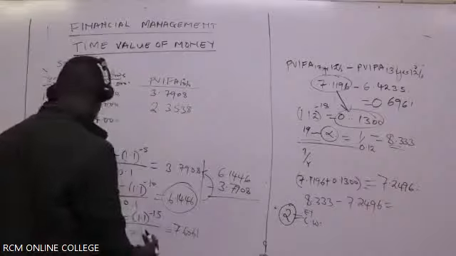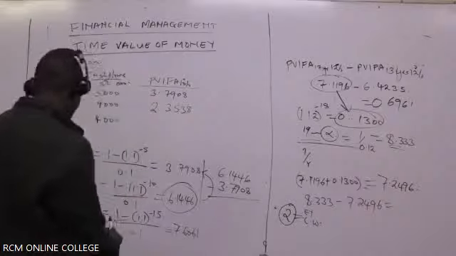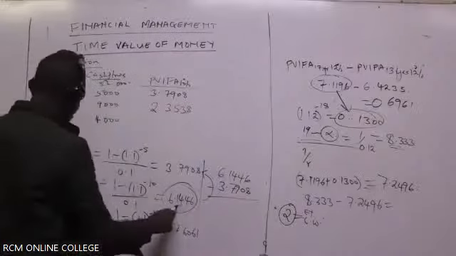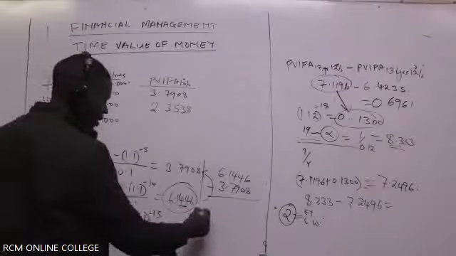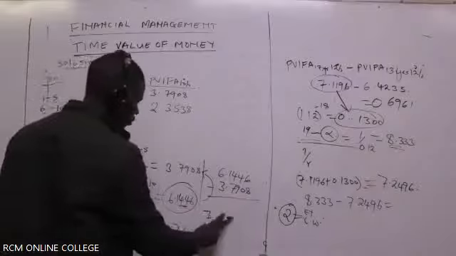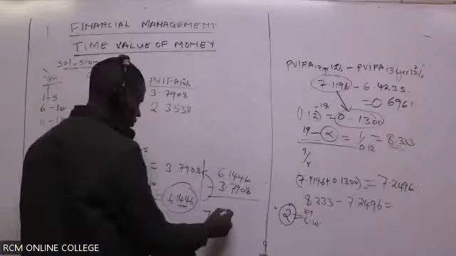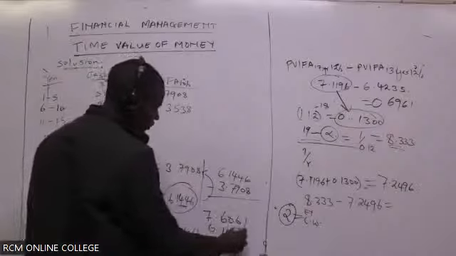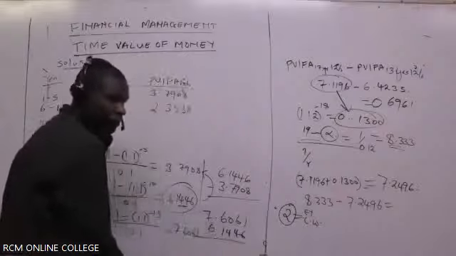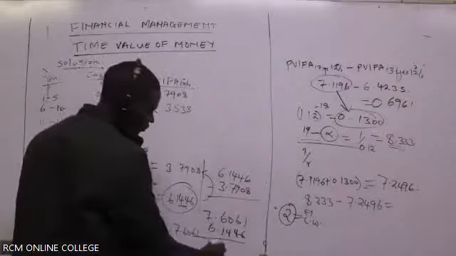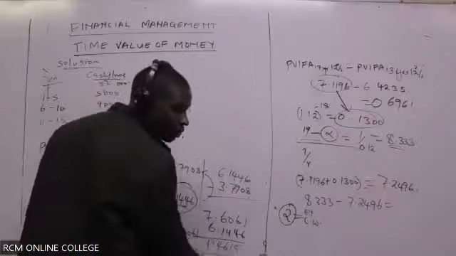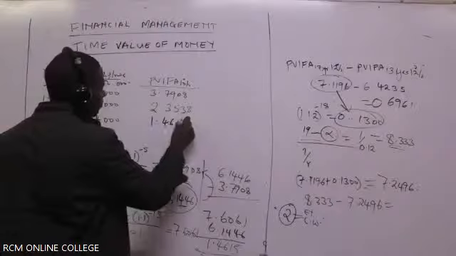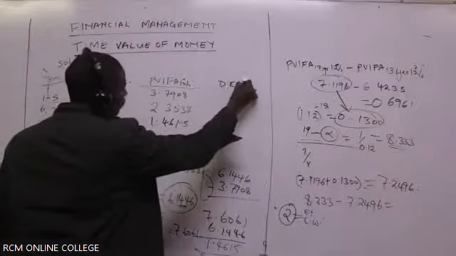I want 11 to 15, so I will subtract that of 10 years, which is 7.61 minus 6.1446. That gives me 1.4615.